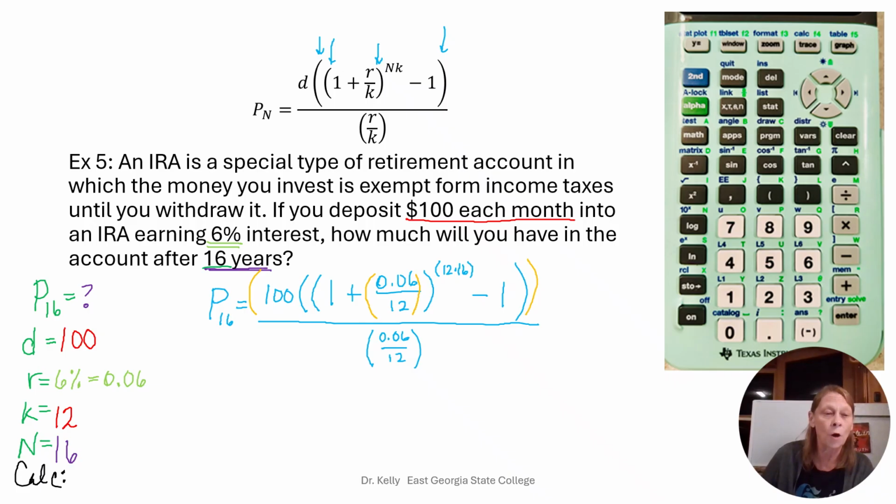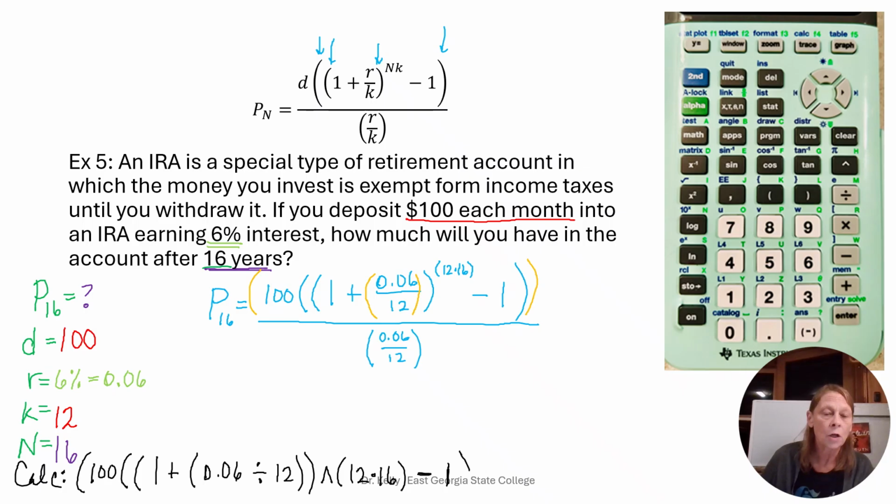Open parenthesis, 100, open, 1 plus, open, 0.06 divided by 12, close, close, to the power of, open, 12 times 16, close, minus 1, close, divided by, open, 0.06 divided by 12, close, enter.